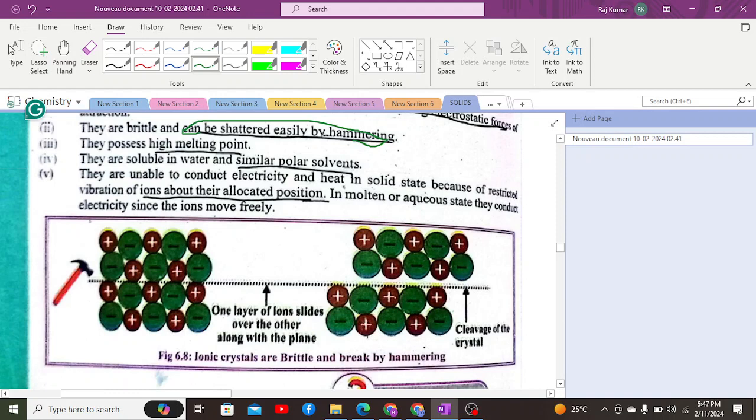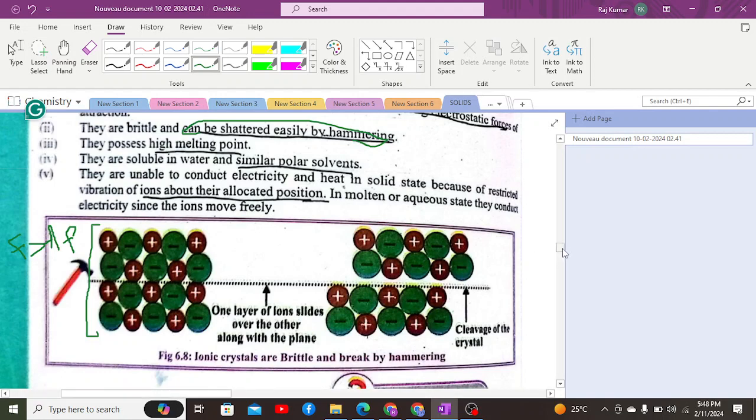If we apply force over this crystalline structure, let's suppose this is sodium chloride, and the force applied is greater than the attractive forces holding these layers together, then the force will cause one layer of the ionic solid to break away from the other layer, such that two different layers will be formed by applying a force greater than the forces of attraction holding the ionic solid together.